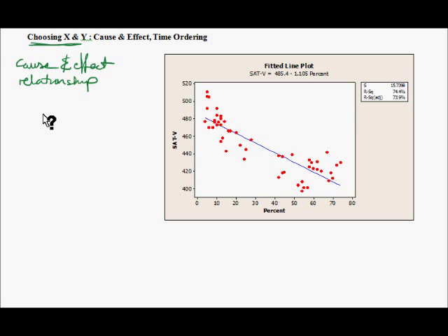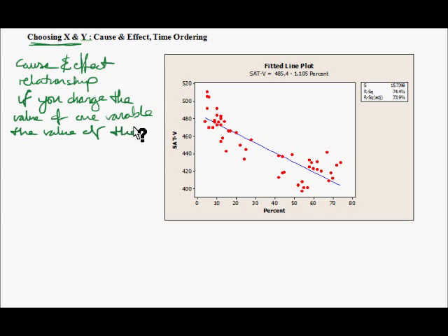Well, a cause and effect relationship says if you change the value of one variable, the value of the other variable has to change.